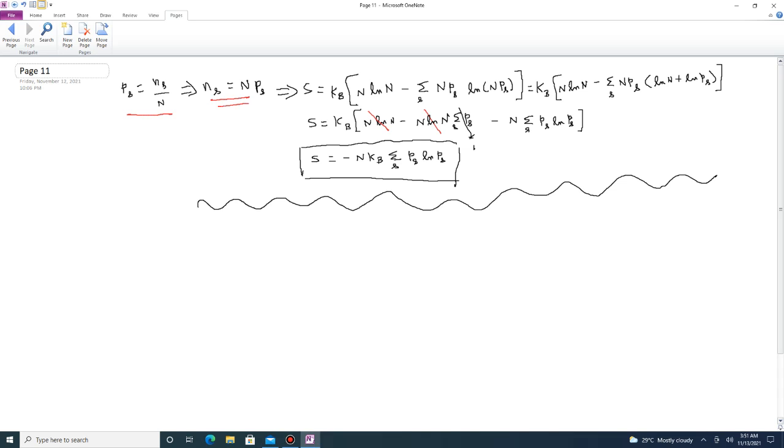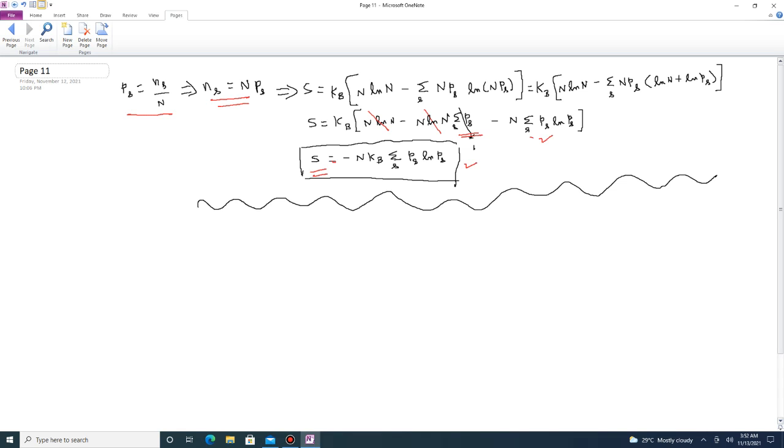Substitute for n_s in the above expression, and you can use the fact that the sum over P_s is equal to 1. Then the first two terms get cancelled, so the only remaining term is this one. The entropy S is expressed by minus N k_B, the summation over s of P_s logarithm of P_s. So this is the expression for the probability.